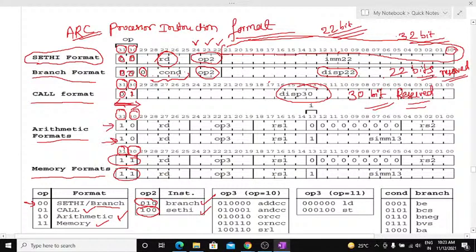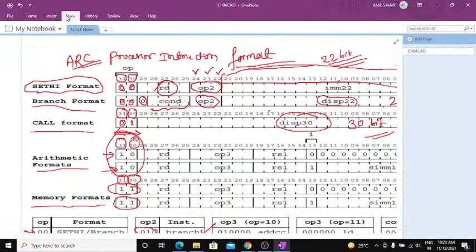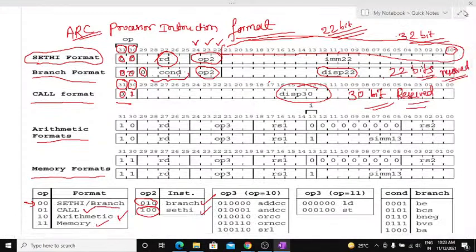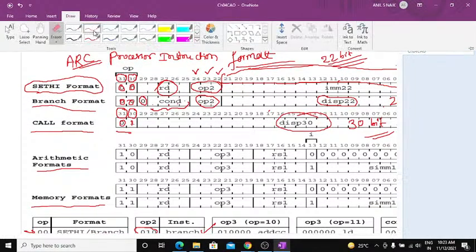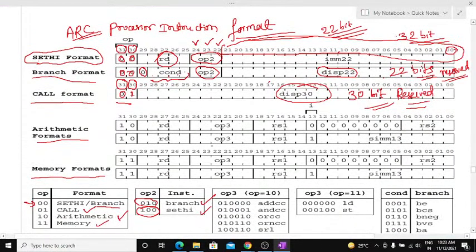Then arithmetic: bits 31 and 30, if they are 10, it is an arithmetic type of instruction.